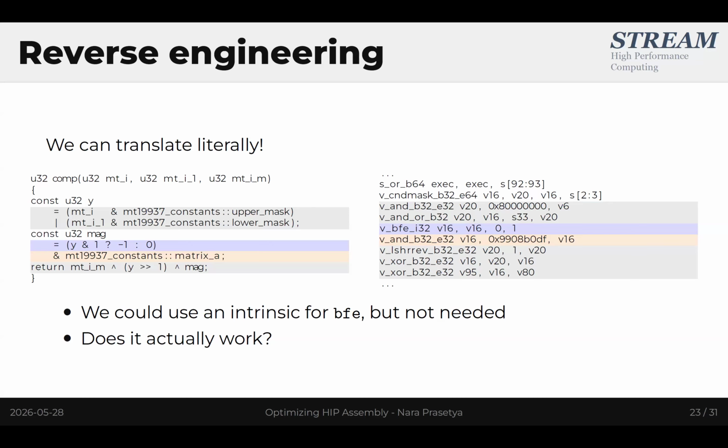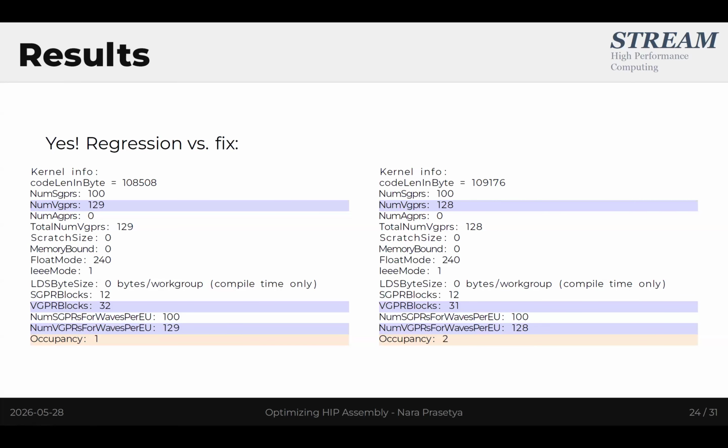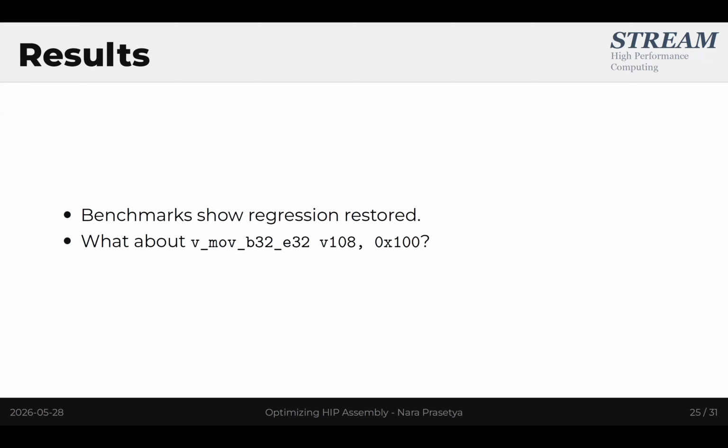And then we literally call bitwise AND on this magic value. And once we do this, we see that we are back below 128 register usage here. You can see here that the occupancy goes from 1 to 2 because we're using fewer registers. And yes, it works.